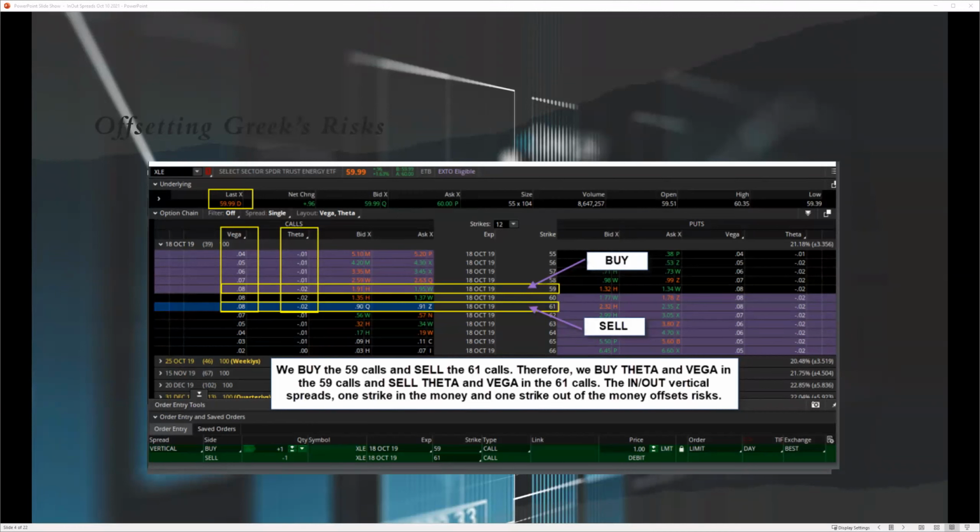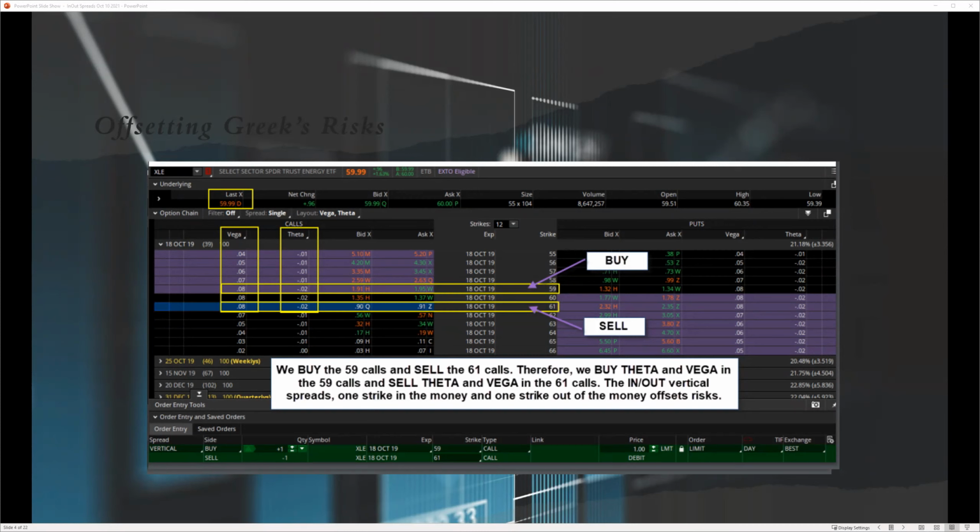So if you see, you can take an in-and-out spread 20 days to expiration, 30 days to expiration, 40 days to expiration. And if you take the same strikes, the cost of the spread is going to be the same. What is the difference?